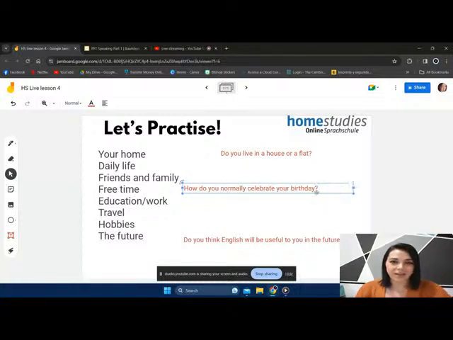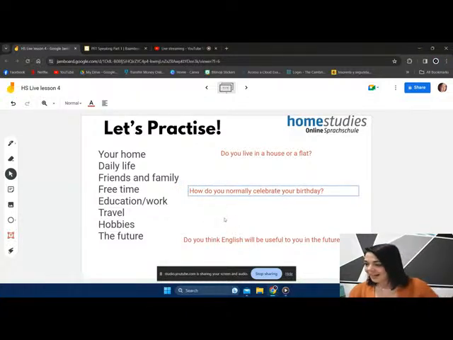Okay, this I think is a common question that often comes up in the exams. Can we combine questions? Now, no, Luis, you can't combine questions because the examiner will ask you them one after the other. The examiner will say, Luis, do you live in a house or a flat? Listen to your answer and then ask you another question. So we can't really combine them.